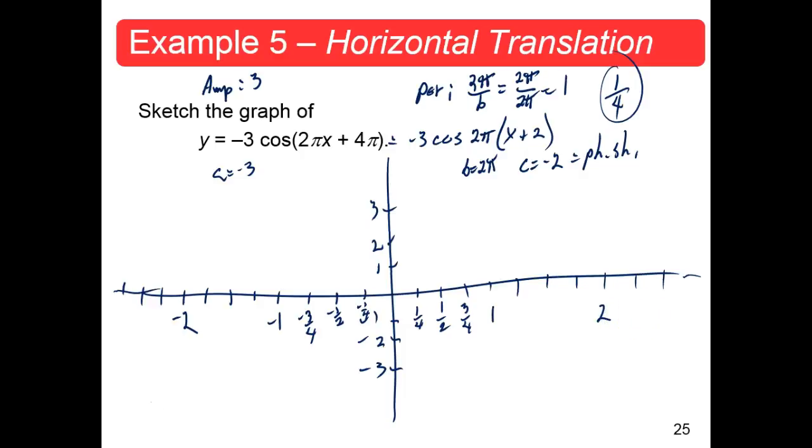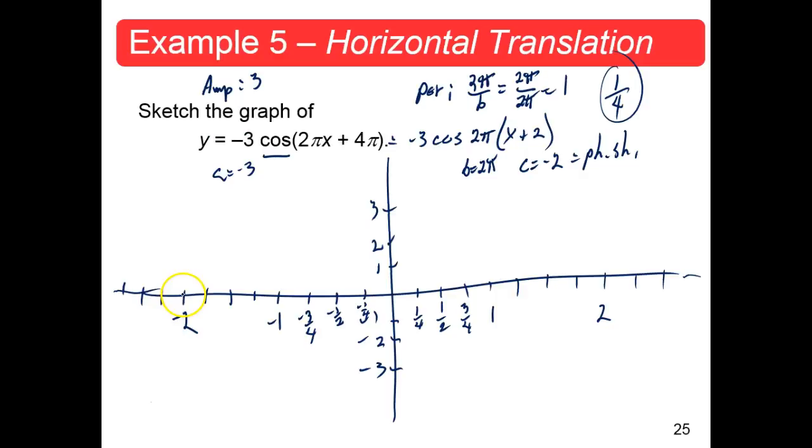There's a reason for that. Because what's your phase shift? -2. Way over here. That's where you start. Now, where does cosine normally start? At 1. Except your amplitude, your thing multiplied by the cosine here is a -3.